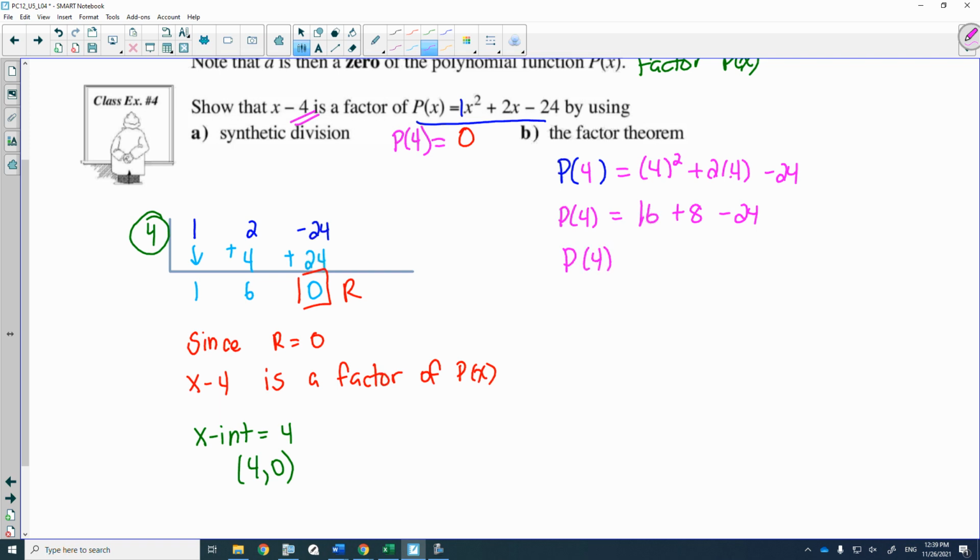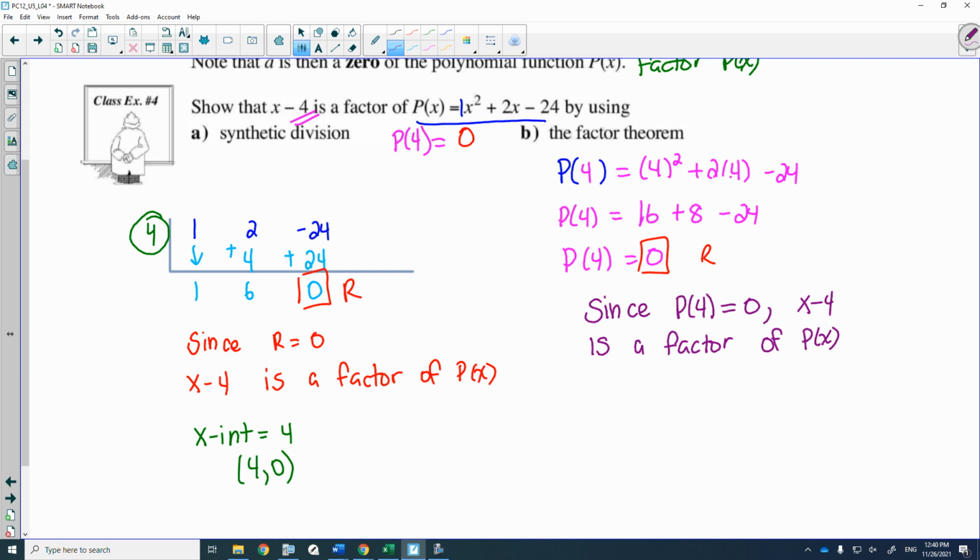P of 4 is equal to 0. So our remainder is 0. So since p of 4 is equal to 0, the binomial, which is x minus 4, is a factor of p of x. If it's a factor, then the root is an x-intercept, right? And the root was 4. There will be an x-intercept at 4.